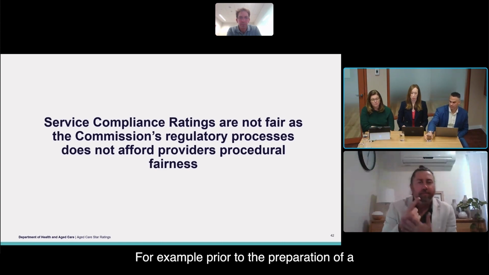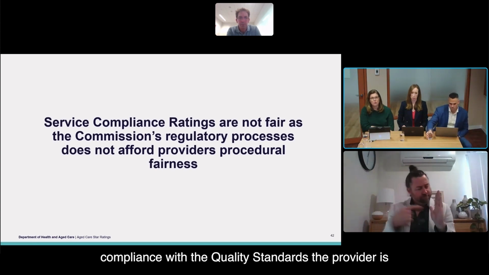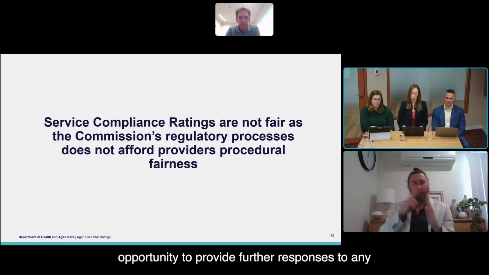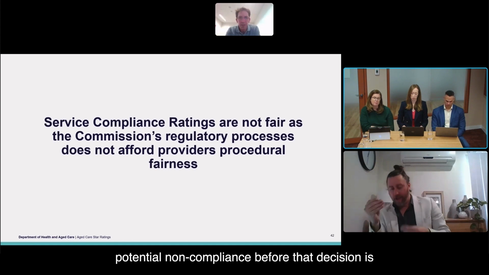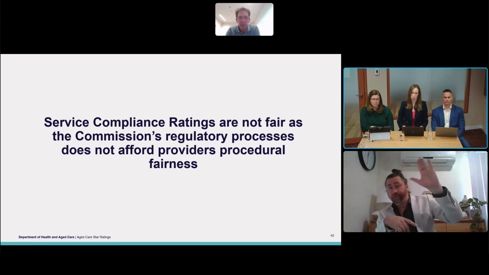For example, prior to the preparation of a performance report, which details a service's compliance with the quality standards, the provider is given a full copy of the assessment report and the opportunity to provide further responses to any potential non-compliance before that decision is finalised in the performance assessment report.